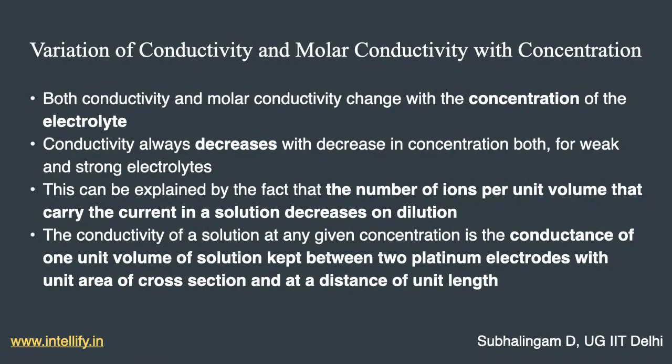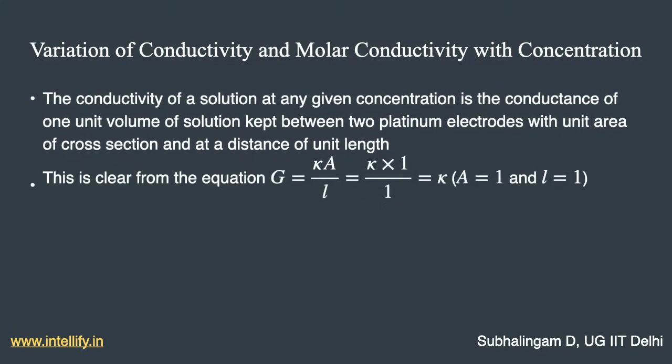I repeat, the conductivity of a solution at any given concentration is the conductance of 1 unit volume of solution kept between two platinum electrodes with unit area of cross section and at a distance of unit length. This is clear from the equation. G is equal to kappa A by L, which is equal to kappa into 1 by 1 when A is equal to 1 and L is equal to 1, which is equal to kappa.